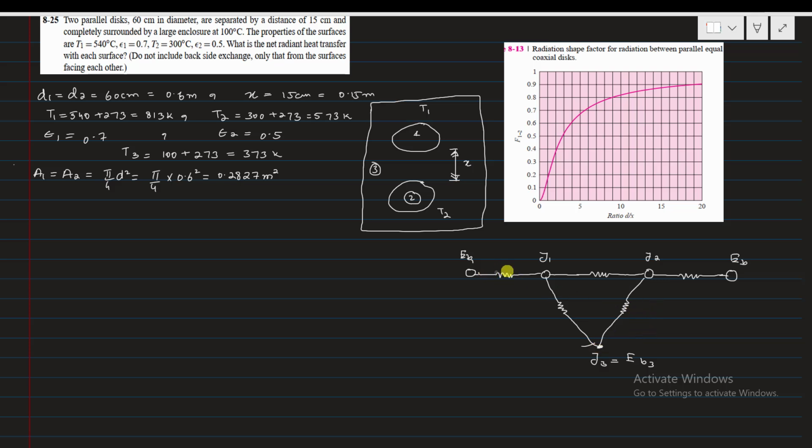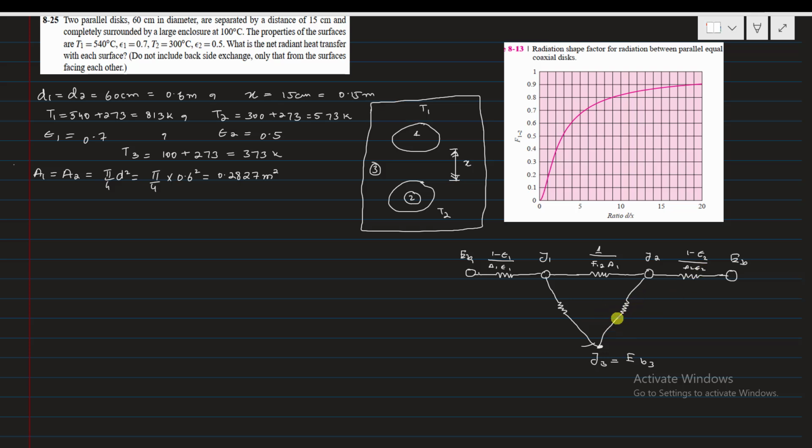So the surface resistance of Eb1 is equal to (1 minus emissivity 1) divided by (area 1 times emissivity 1). And this space resistance is equal to 1 divided by (shape factor F12 times area 1). And this is the surface resistance, that is (1 minus emissivity 2) divided by (area 2 times emissivity 2).